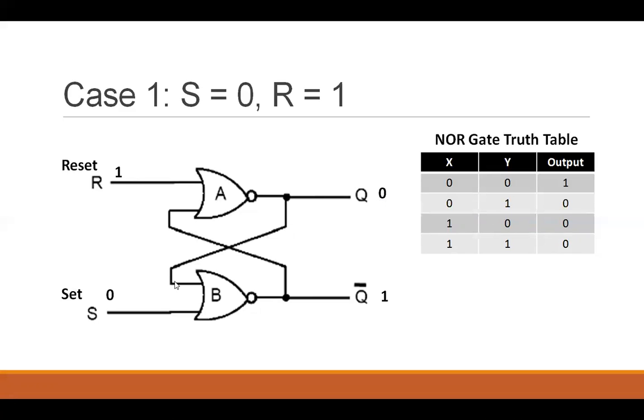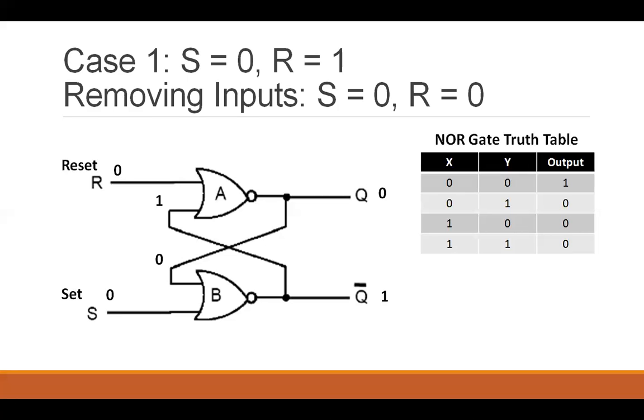And this 0 is being fed into this B, and 0 into NOR actually results as 1. So Q is 0, Q dash is 1. Our output bits are settled. In case 1, with S being 0 and R being 1, we would have Q being 0 and Q dash, Q complement, being 1. This feedback is also verifying this.